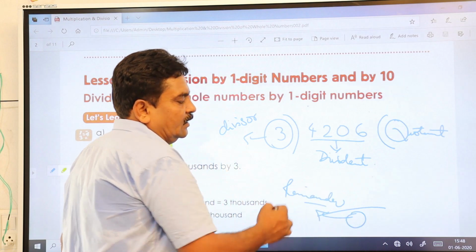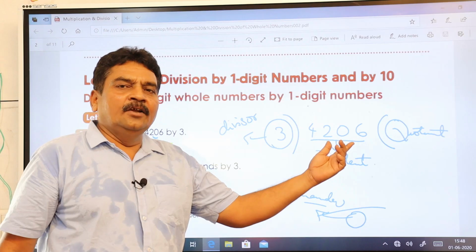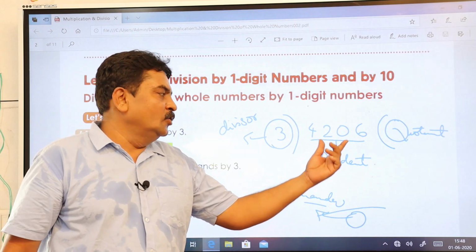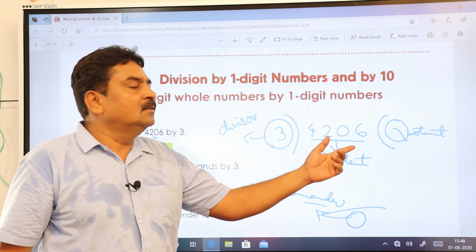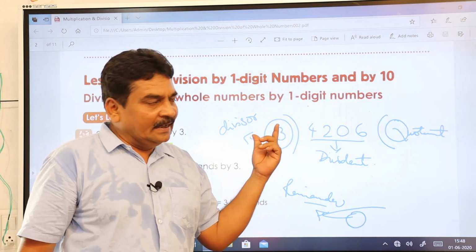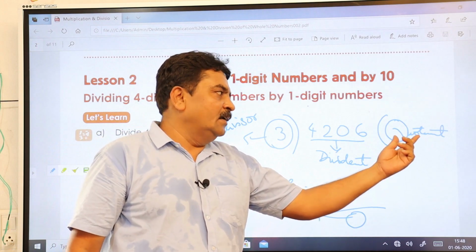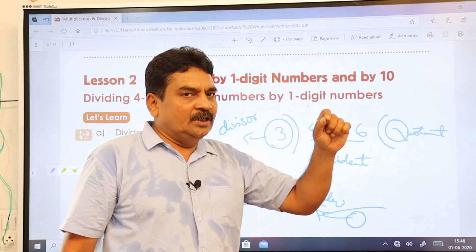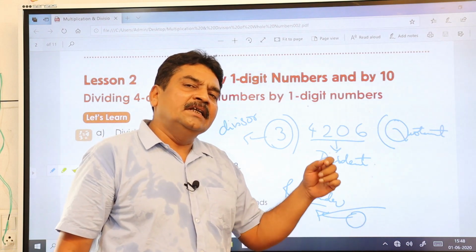So these things you should remember. First thing is the value which you are dividing, that value you call it as dividend. By what you are dividing it, that part you call it as divisor, and whatever answer you get here, that value you call it as quotient, and whatever value remains, that you call it as remainder.